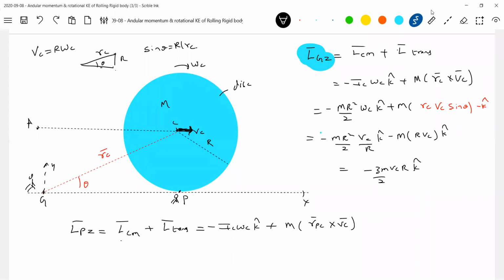So therefore the expansion, how will it be? Okay, let's substitute here now. Next step, or here only I'll write it. So this should be equal to minus m R square by 2 times V_C by R k cap. Then m into R_PC into V_C sine 90 degrees, minus of k cap.